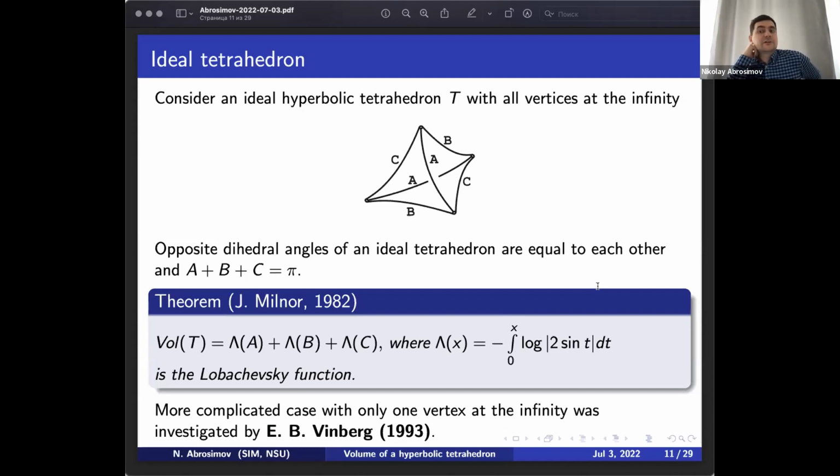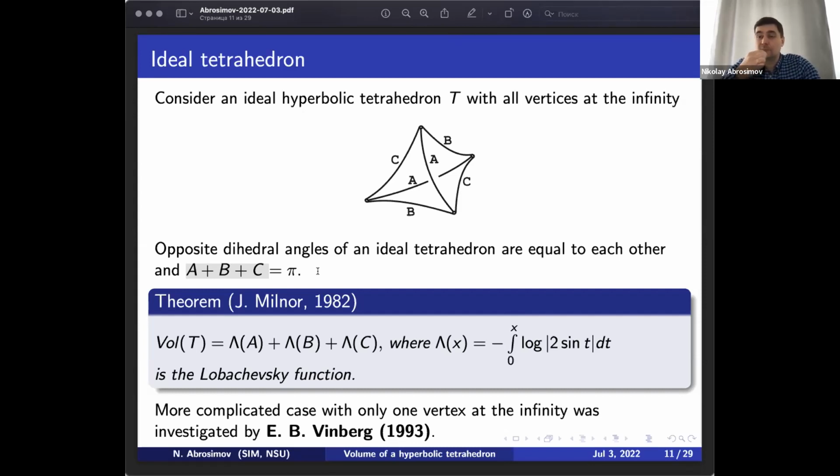And it follows from this definition that the opposite edge lengths are equal to each other, as well as opposite dihedral angles are equal to each other. Moreover, the sum of dihedral angles a plus b plus c is equal to pi. So in fact, the set of all ideal tetrahedra forms a 2-parameter family.